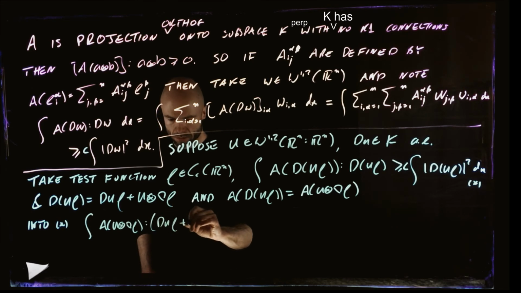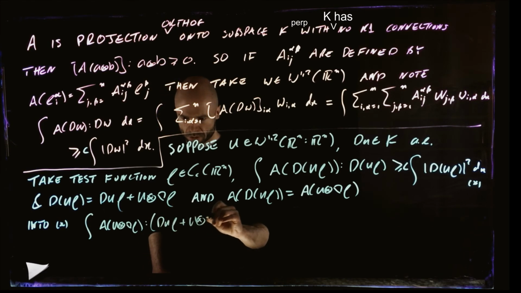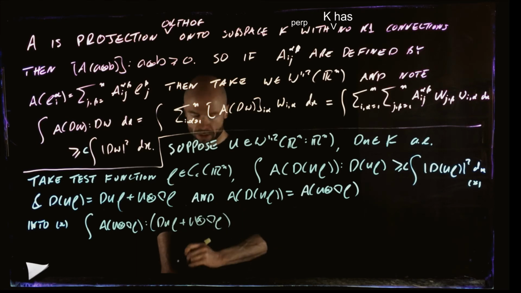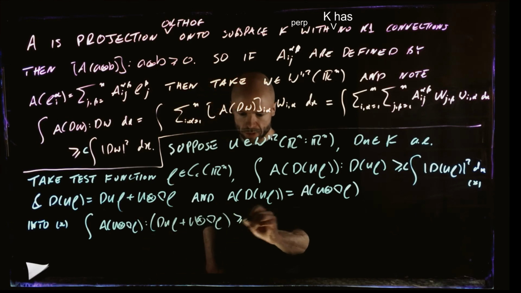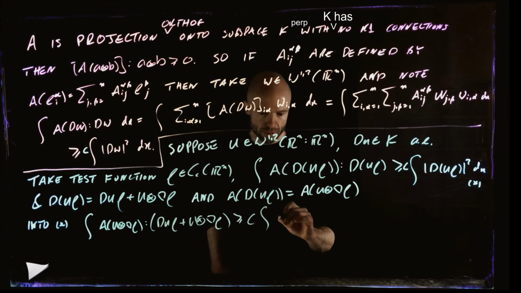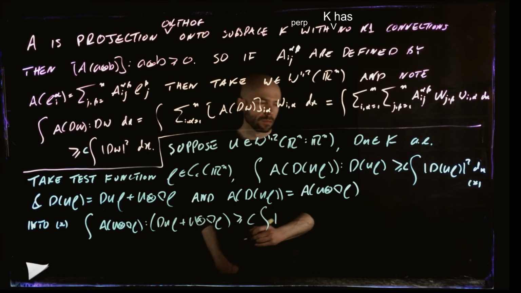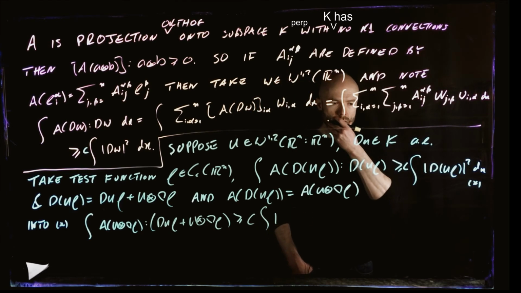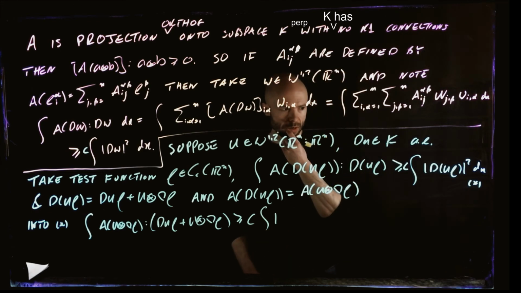U of rho plus U cross product rho, like this, is bigger than or equal to C, integral of this thing. And this guy too, we want to break up.